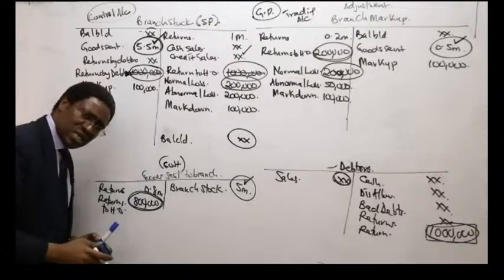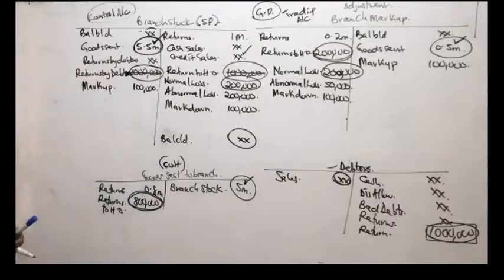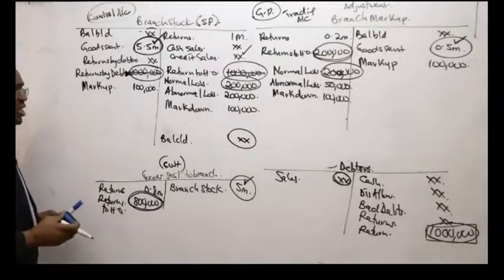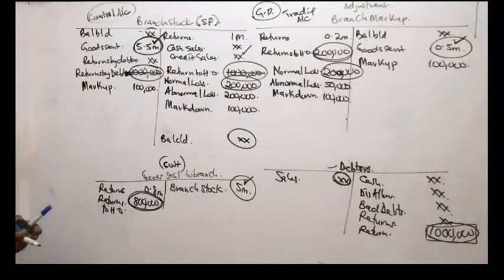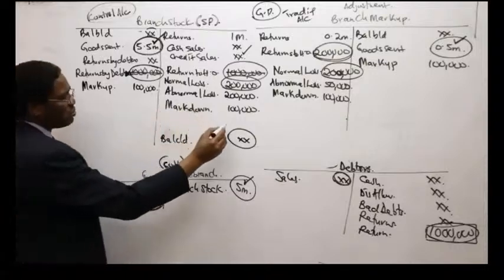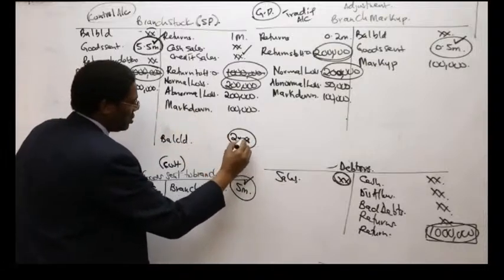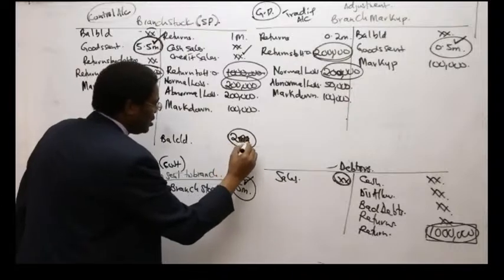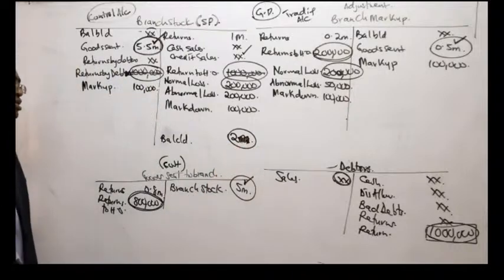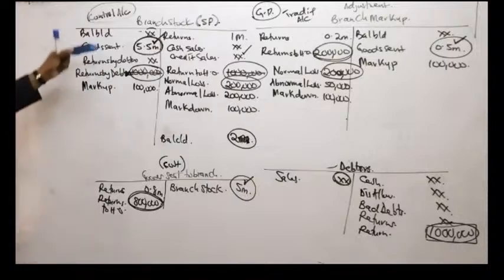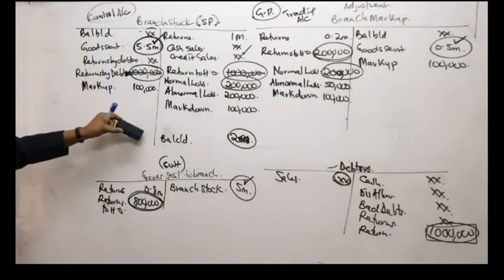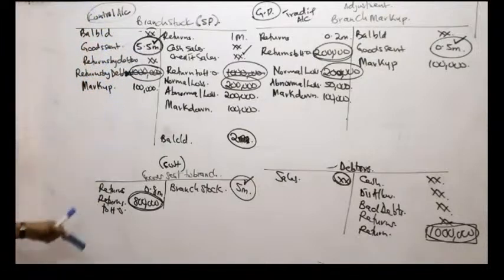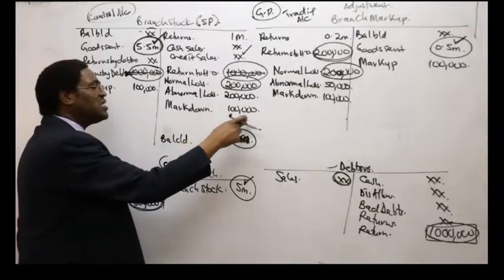Whatever the balance carried down, we say the balance in that account represents the closing stock of the branch at selling price, which you remember we were assuming 2 million. If the closing stock of the branch is at 2 million, and this account is maintained at invoice price, then within this amount there is an unrealized profit.